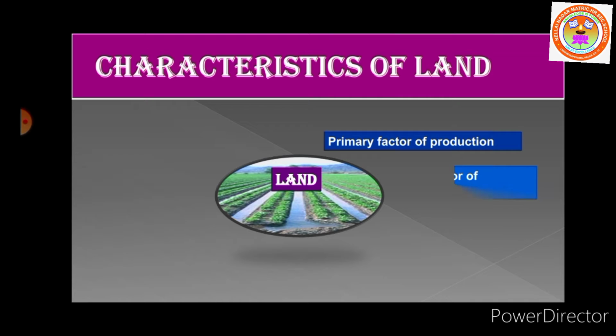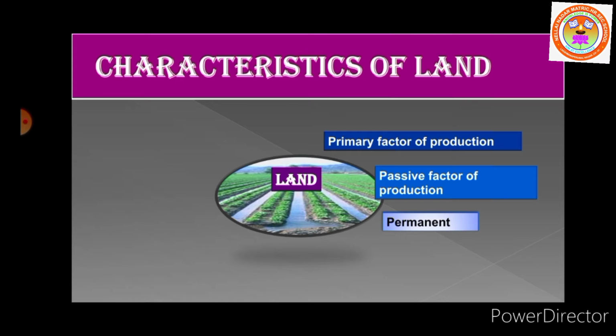Next one, land is a passive factor of production. Passive means inactive. This is because it cannot produce anything by itself. For example, wheat cannot grow on a piece of land automatically. To grow wheat, man has to cultivate land. So, land is a passive factor of production.